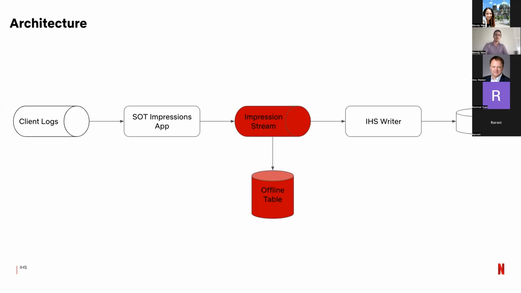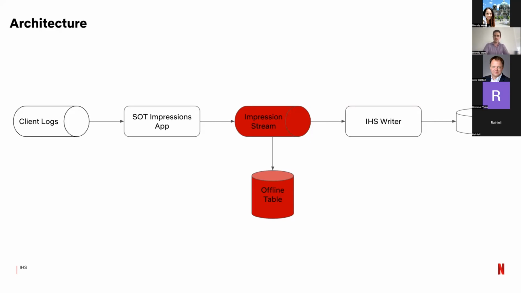But we can separate out our state concerns of our processing and our actual writing with this intermediate step, and still have very low latency real-time streaming because we immediately push to a Kafka stream, and also have exactly once offline tables.